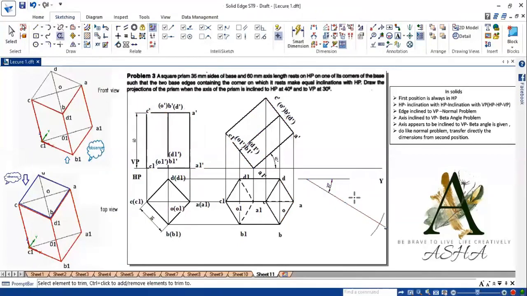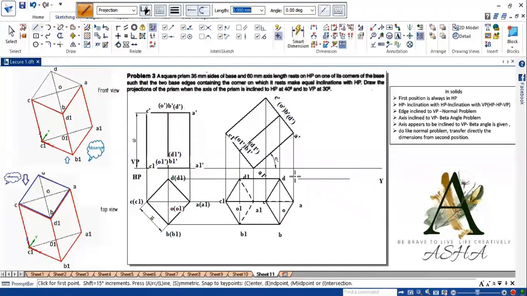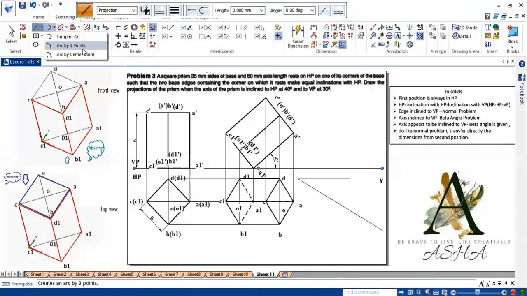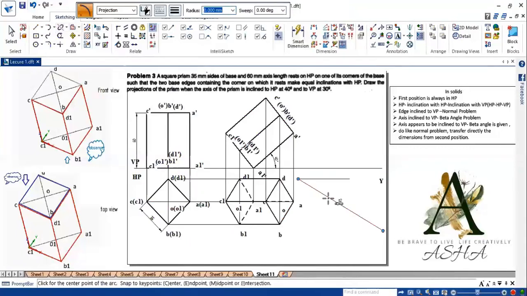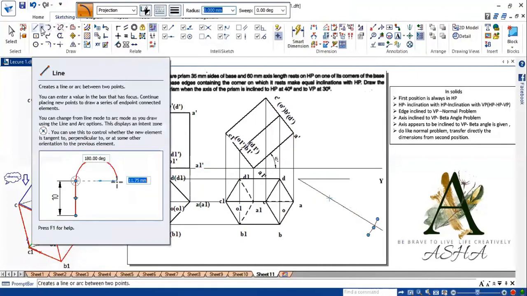I'll draw once again this 30-degree line. Length can be anything, angle is minus 30. Okay, measure 60 mm, use arc by center point method, radius equal to 60 mm, cut an arc. So this is the locus.